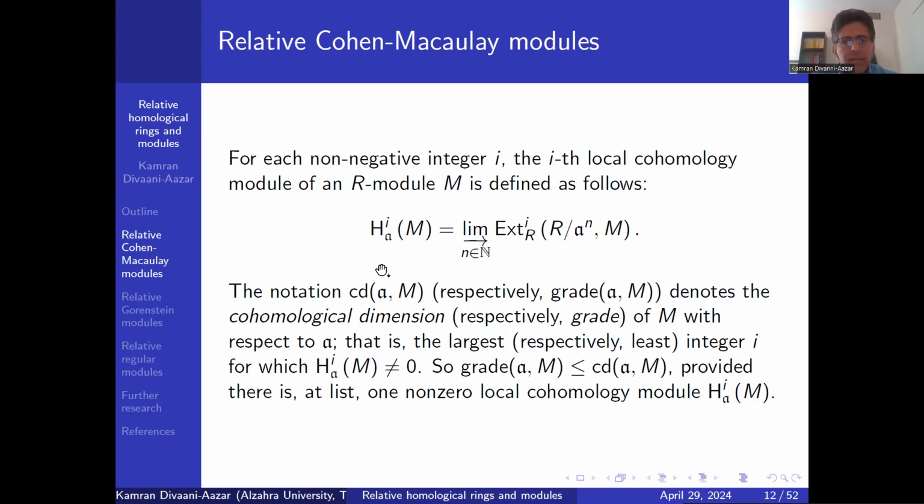We denote the largest integer i such that this module is non-zero by this notation, and we call it the cohomological dimension of M with respect to A. Also, we denote the smallest integer i such that this local cohomology is non-zero by this notation and call it the grade of M with respect to A.